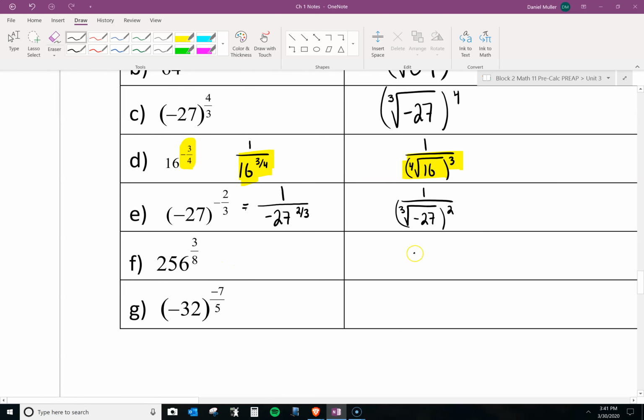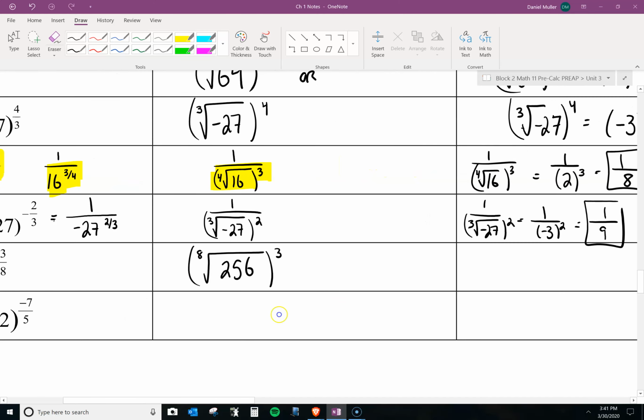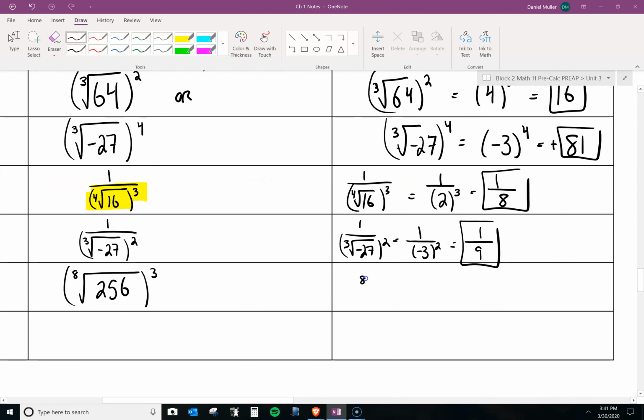256. Well, 256 is the 8th root of 256, all cubed. So the 8th root of 256, all cubed, not squared, cubed. Now you can break this down. 128 and 2.